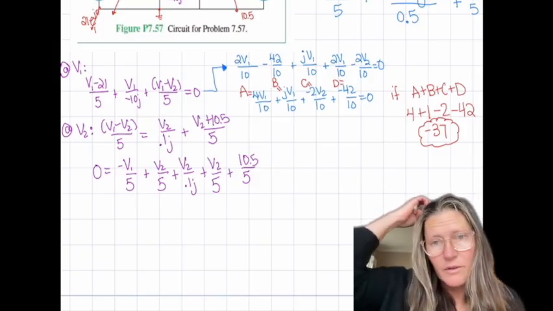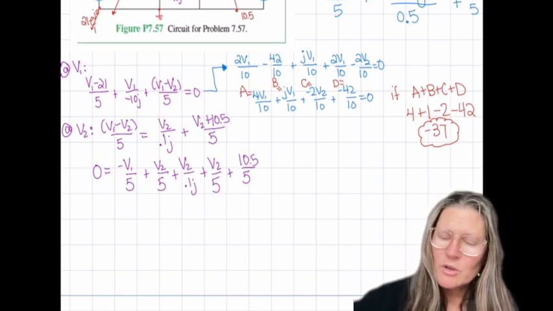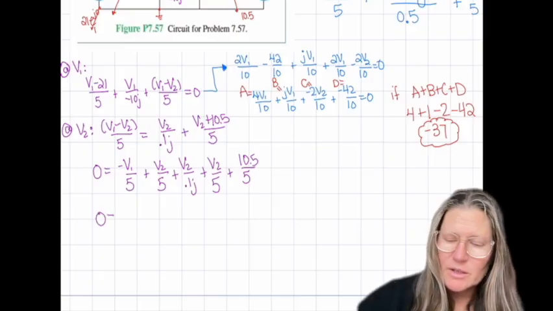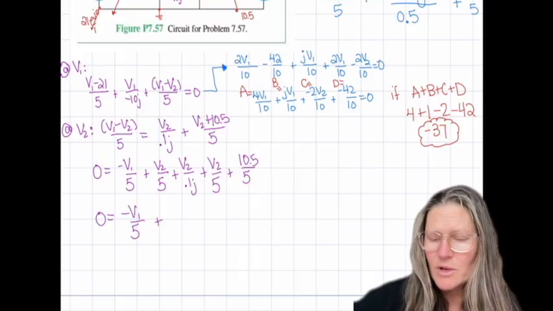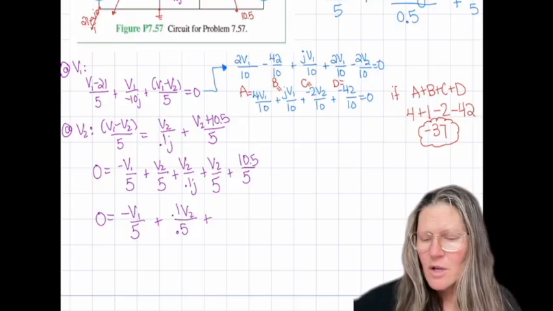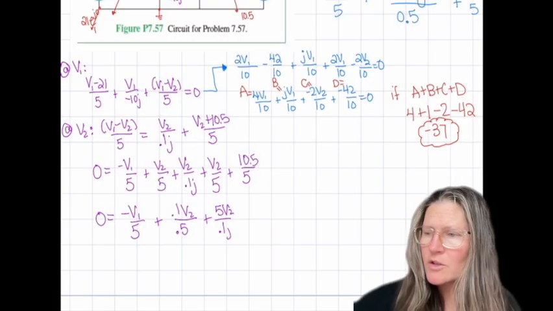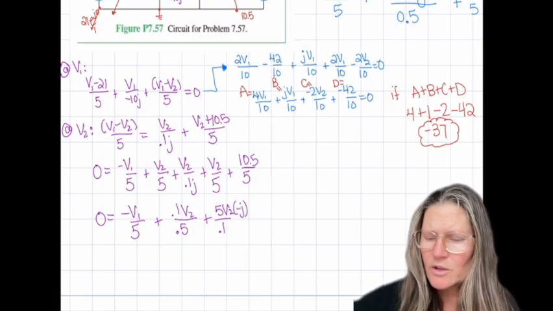So combining all of the V2s, I've got to get the common denominator, so let me go backwards. Minus V1 over 5, and then a common denominator is going to mean that we have a 0.1 V2 over 0.5, and then we have a 5 V2 over 0.1, and then the j is going to come up to the top, so that becomes a minus j on the top.